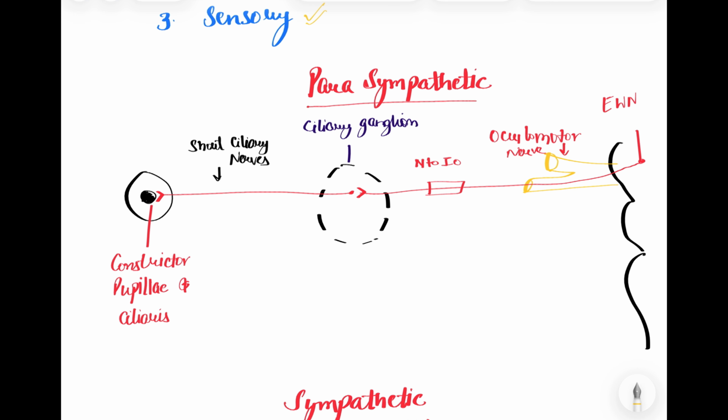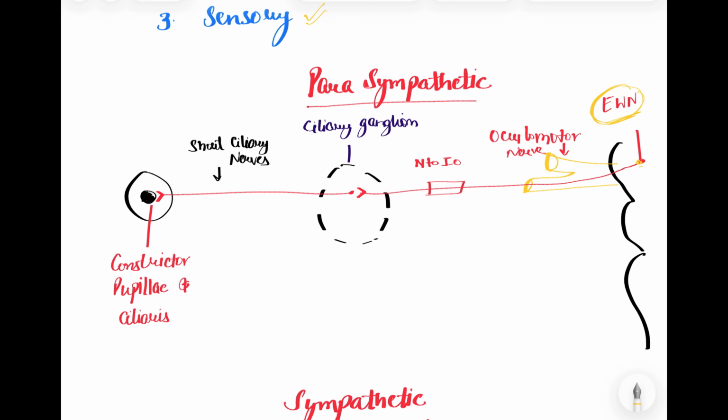The parasympathetic root is derived from the Edinger-Westphal nucleus, which is located in the midbrain. It is lying in the midbrain, the Edinger-Westphal nucleus. The fiber starts from here.